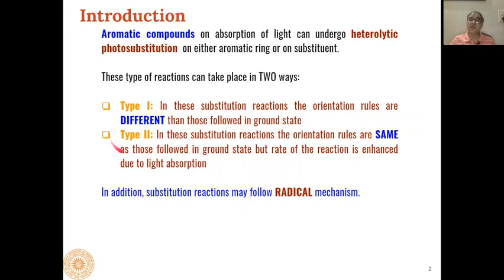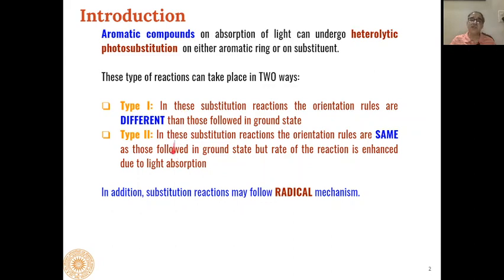And the second category of photo-substitution reaction is type 2 substitution reactions, where the orientation rules are the same as those followed in the ground state. But here the only difference from the thermal reactions is that the rate of the reaction gets increased due to absorption of light through photochemical reactions.